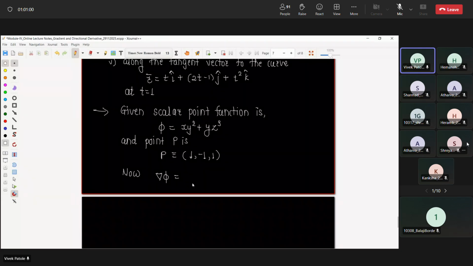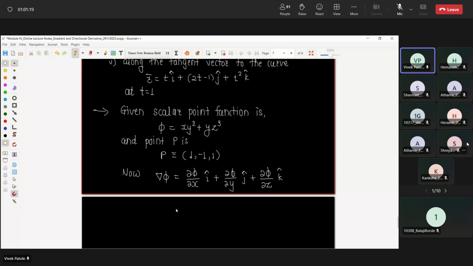Del phi is equal to the formula, plus. You always have to note down the formula. Don't forget to write it down, because if your derivative goes wrong by mistake, then at least for the formula you will get the marks.